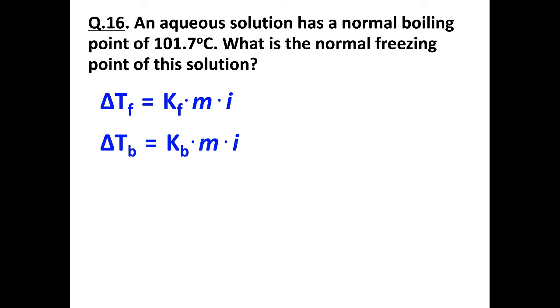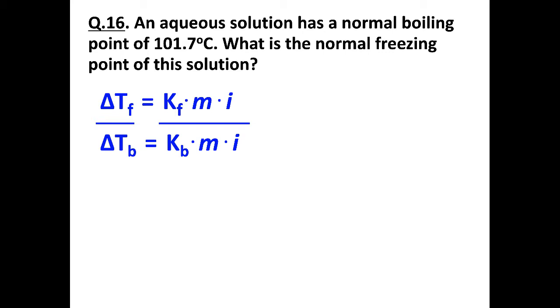Well, notice we have two equations and we have two unknown things, and there's a bunch of ways one can potentially do this, but if you have an equation and another equation, you can divide the equations and you still have an equation. Now, how does this help us? Well, how does the molality of this solution in terms of boiling point calculation compare to the molality of this solution in terms of freezing point calculation?